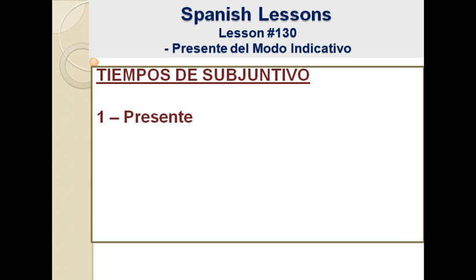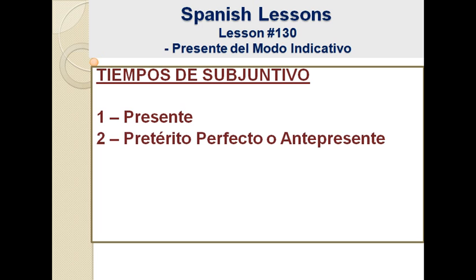We have presente del modo subjuntivo, right? This is another different type of present. It's not the present of the modo indicativo, which is the one we always use. It's not I go, you go. That is what we call indicativo. This is modo subjuntivo, and we will learn it in a later class.